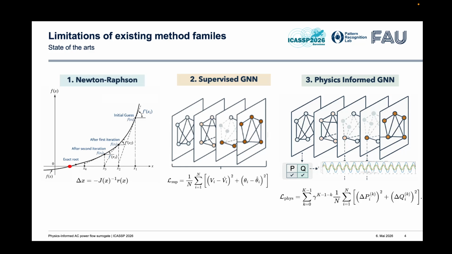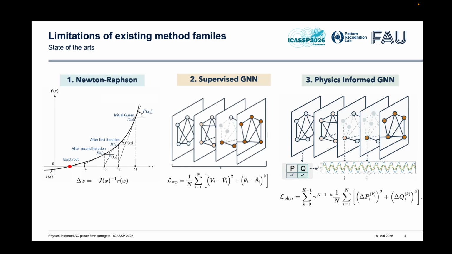Second, the graph neural network-based solver, which uses the supervised loss as a training loss, is fast enough because it can utilize the GPU computation power, but it requires training samples labeled by Newton-Raphson. And the physics equations are incorporated neither through the model structure nor through the training loss function.